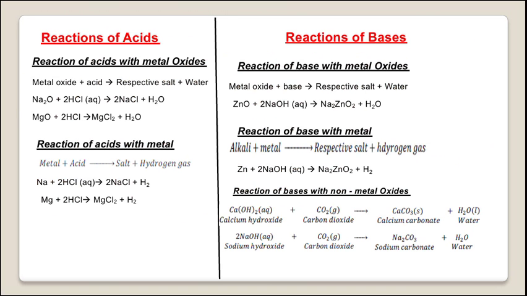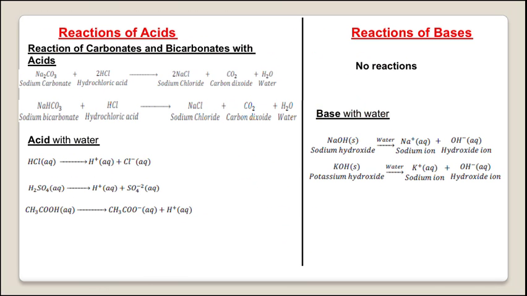Examples are given for non-metal oxides. Calcium hydroxide reacts with carbon dioxide, a non-metal oxide, to produce salt and water. Again, sodium hydroxide reacts with the non-metal oxide carbon dioxide to produce salt, that is sodium carbonate, and water. Acids react with carbonates and bicarbonates to form salt, carbon dioxide along with water, whereas there is no reaction taking place in bases for carbonates or bicarbonates.